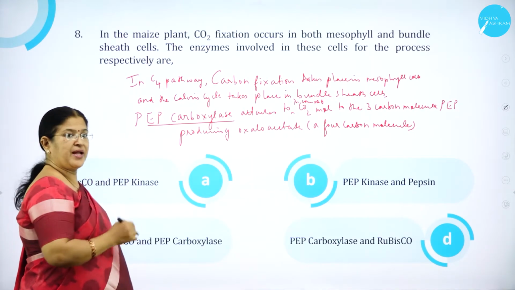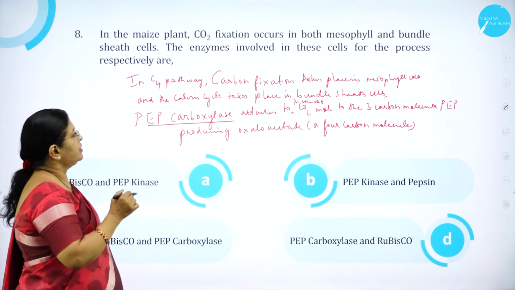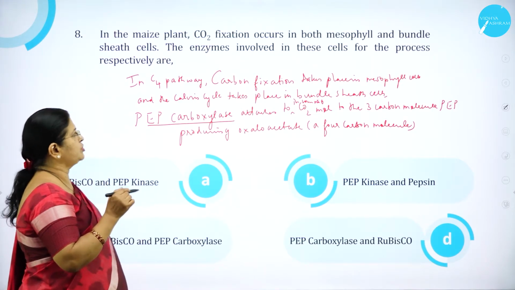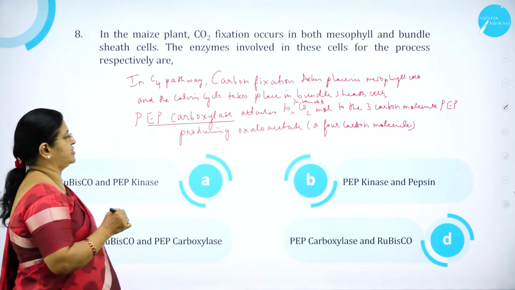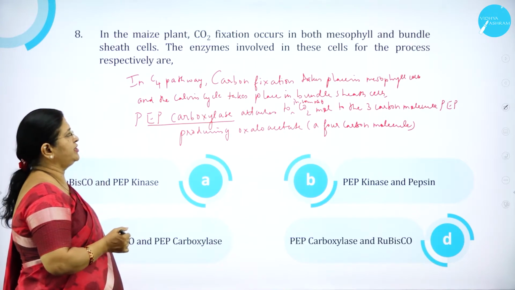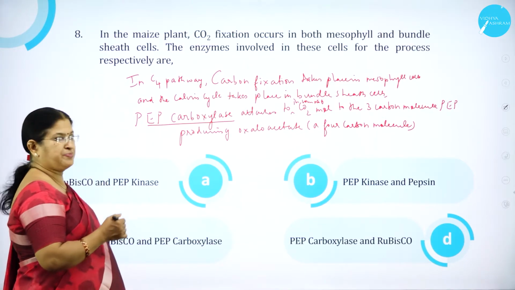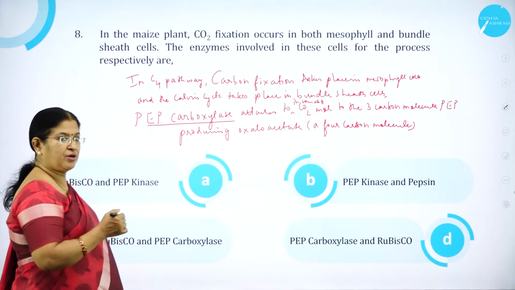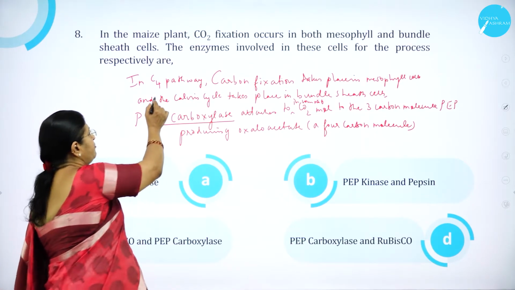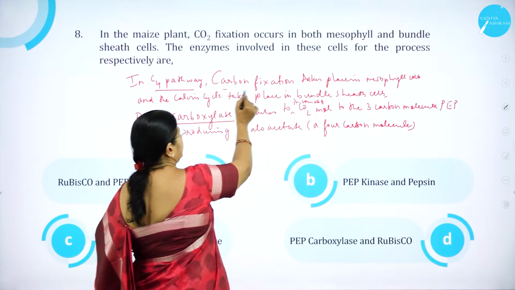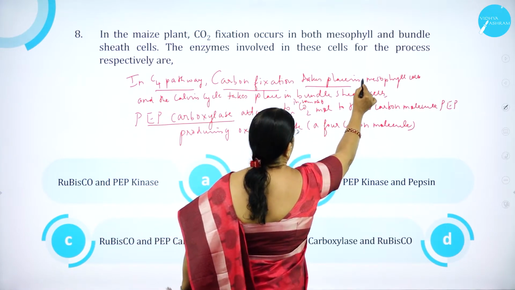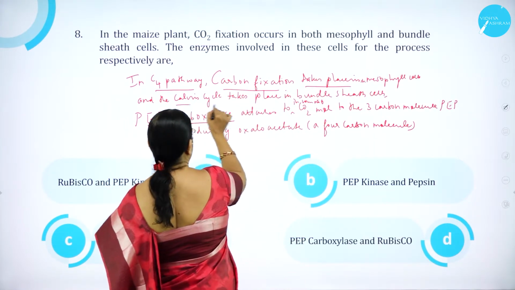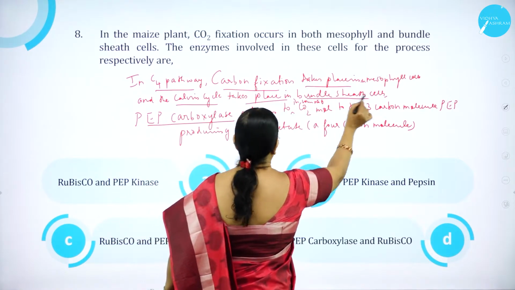In the maize plant, carbon dioxide fixation occurs in both mesophyll and bundle sheath cells. The enzymes involved in these cells for the process respectively are, in the chapter called photosynthesis. In the C4 pathway, carbon fixation takes place in mesophyll cells and the Calvin cycle takes place in the bundle sheath cells.